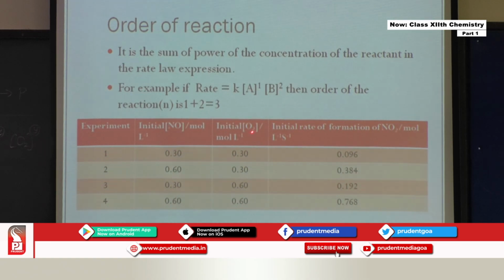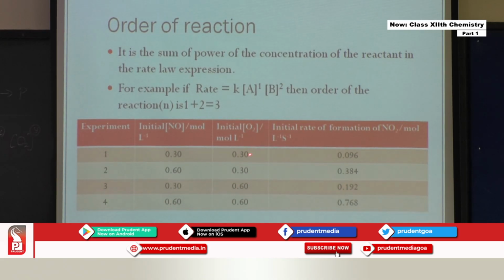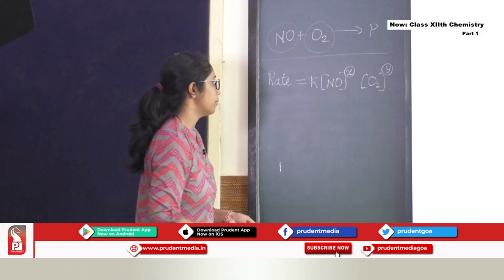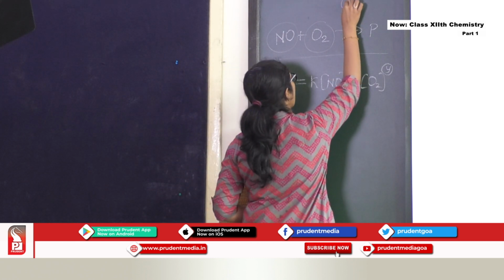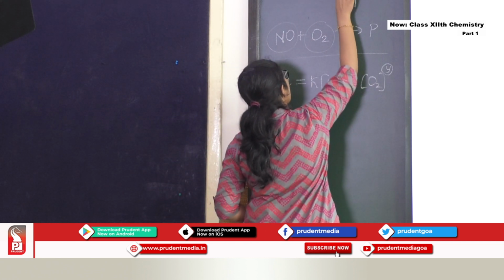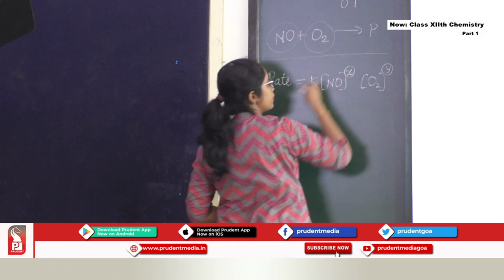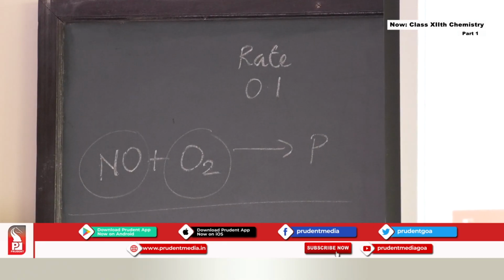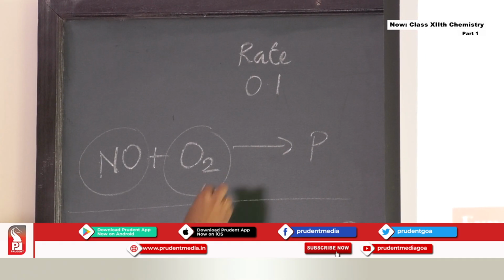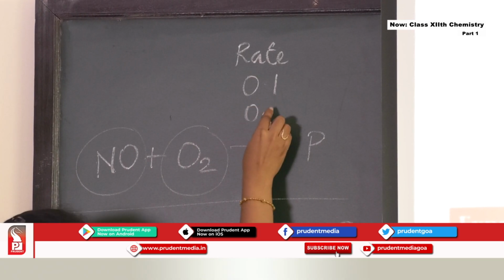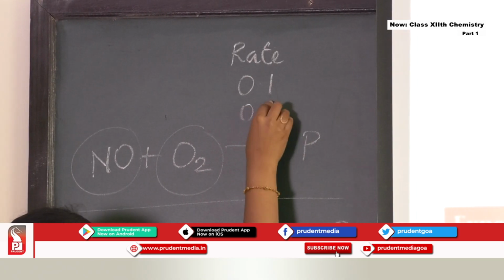Now, we need to understand that the concentration of oxygen changes from 0.3 to 0.6, that means it is doubling. The initial rate 0.09 could be rounded up to 0.1, and 0.192 could be rounded up to 0.2.